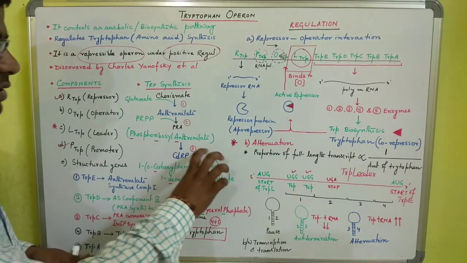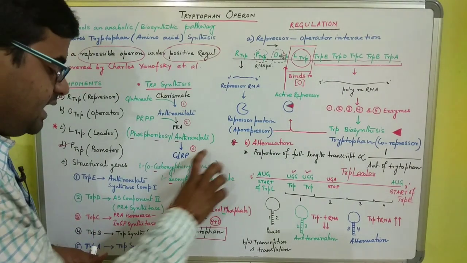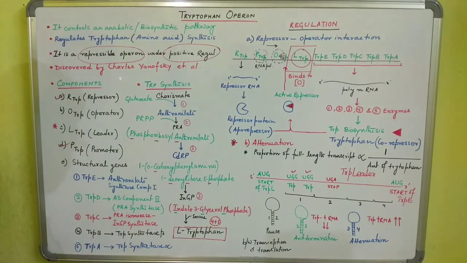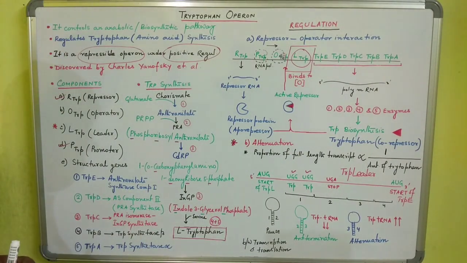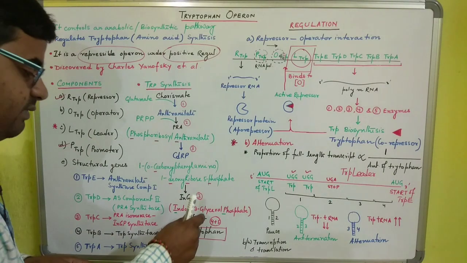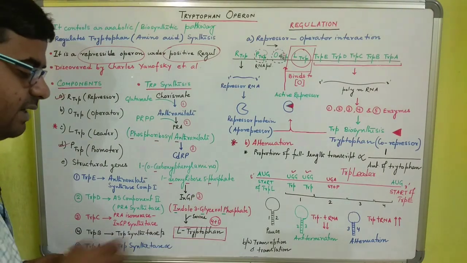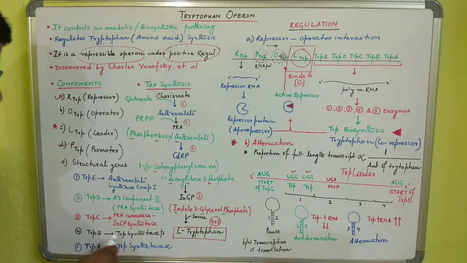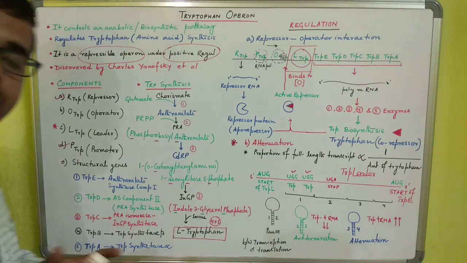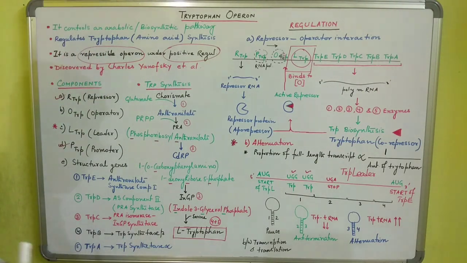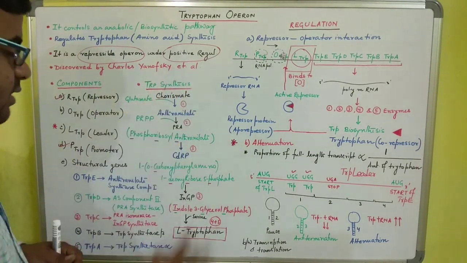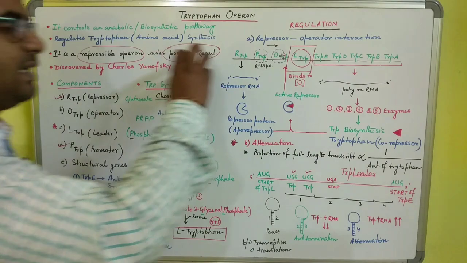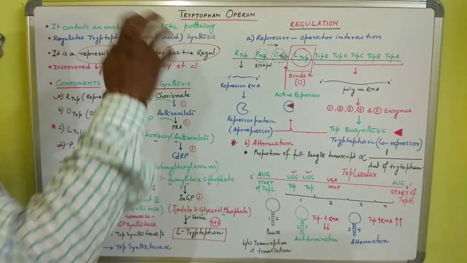So here also these two steps are catalyzed by a single enzyme. Now this indole 3-glycerol phosphate reacts with serine and is converted into L-tryptophan by the enzyme tryptophan synthetase beta and tryptophan synthetase alpha. So this is the final product of this operon. So this is the biosynthesis of tryptophan, and these are the components of the tryptophan operon.